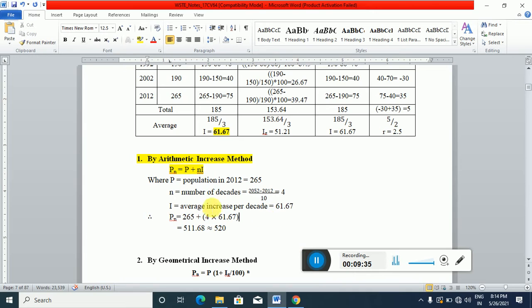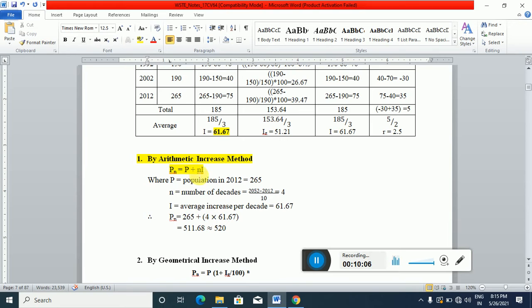Using this formula, Pn equals P plus N into I. Here Pn means the population after 4 decades, that is for the year 2052. For the year 2052, the previous population is 265, so we have written 265 plus N, because we estimate after 4 decades, so N is 4 here.